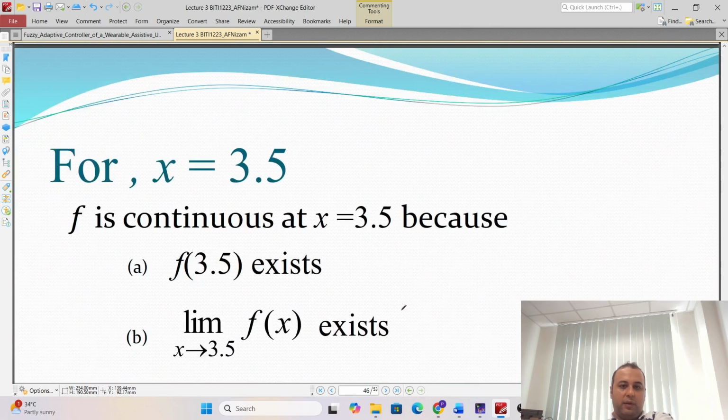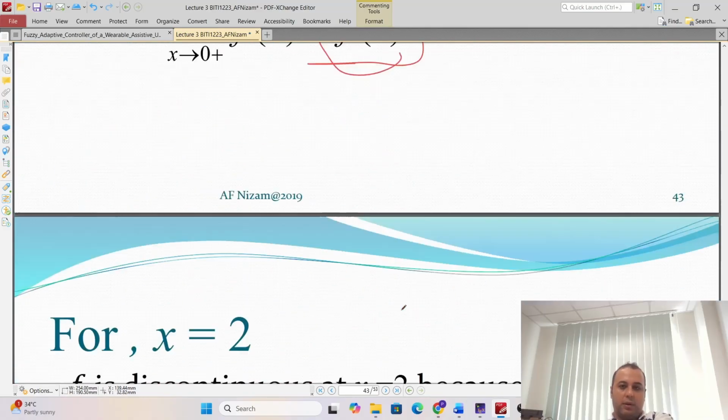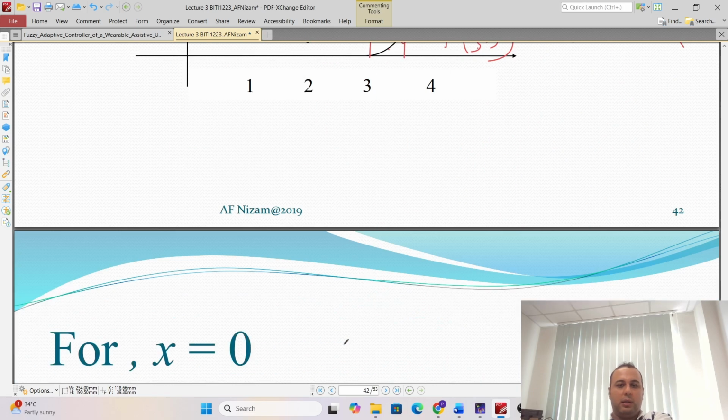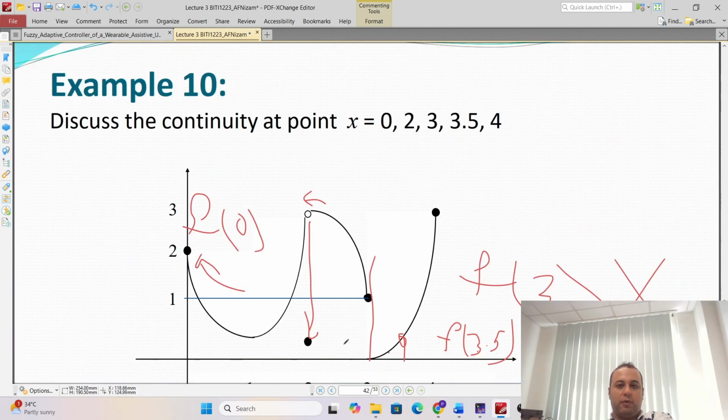Okay, 3.5 is continuous because 3.5 is here. f(3.5) exists, the limit also exists, and they are equal. 3.5 is continuous.